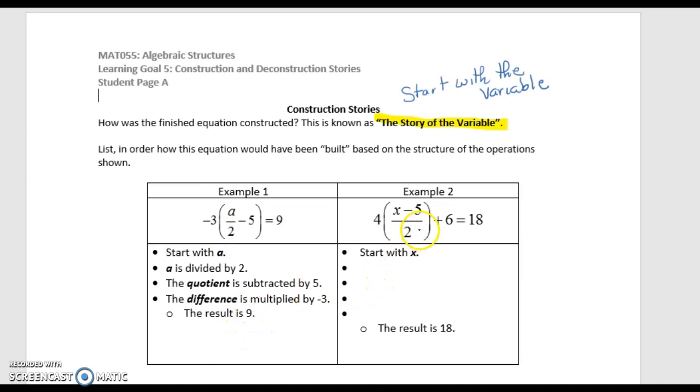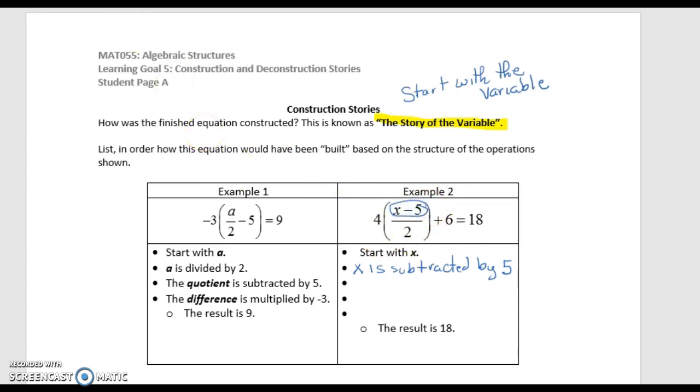If we look at this one over here, we're going to start with x. x is our variable. Now x is being subtracted by 5. So that's this piece right here.